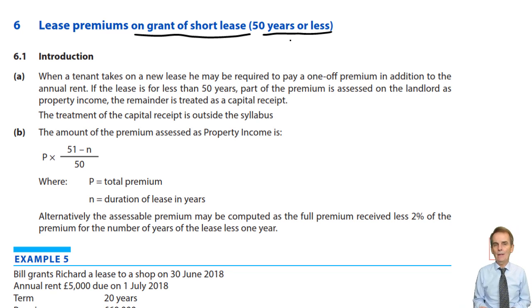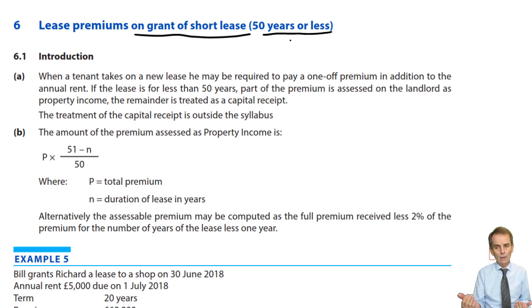Basically, if you were to grant a lease for just 1 year, then any premium that you might receive at the beginning of that 1 year lease is taxed entirely, 100%, as income. But if you were to grant a lease of 51 years or more, so not short, a long lease, then all of that amount received, given the length of time we're talking about, will be treated as a capital receipt and go into capital gains.